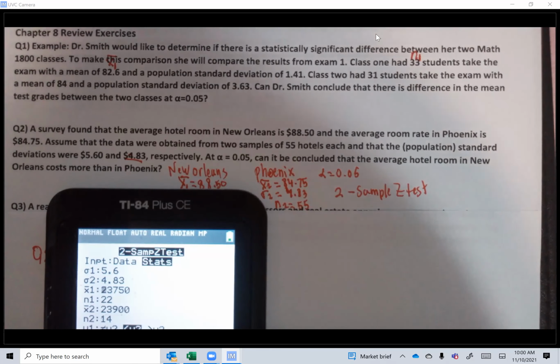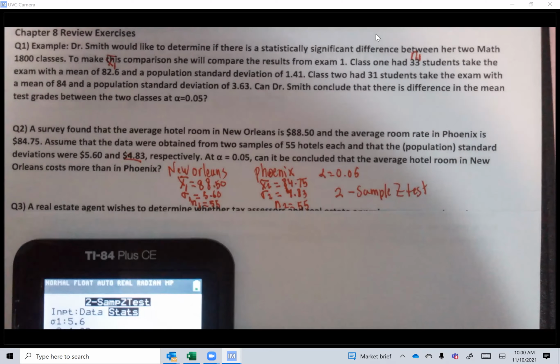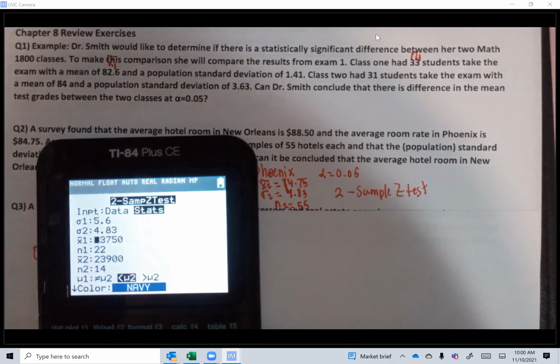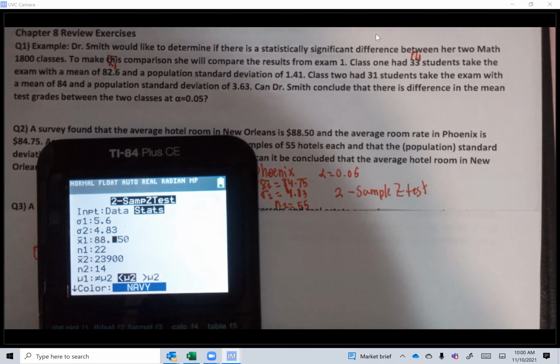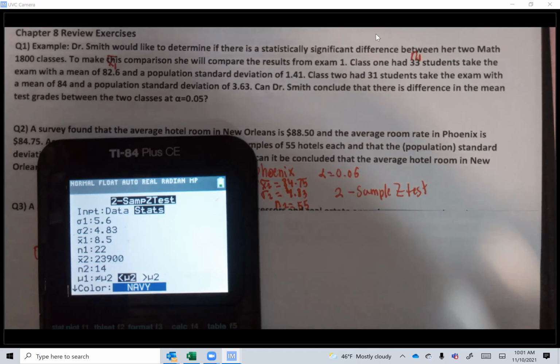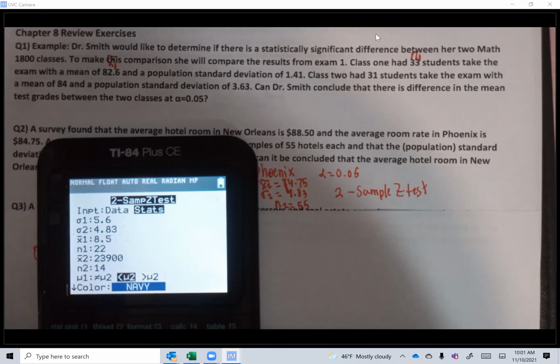Then he wants X1 bar, 88.50. Then N1, 55 hotels. X2 bar, 84.75.